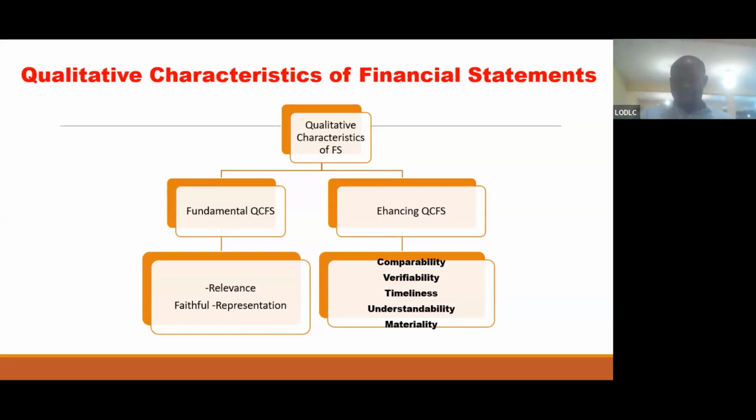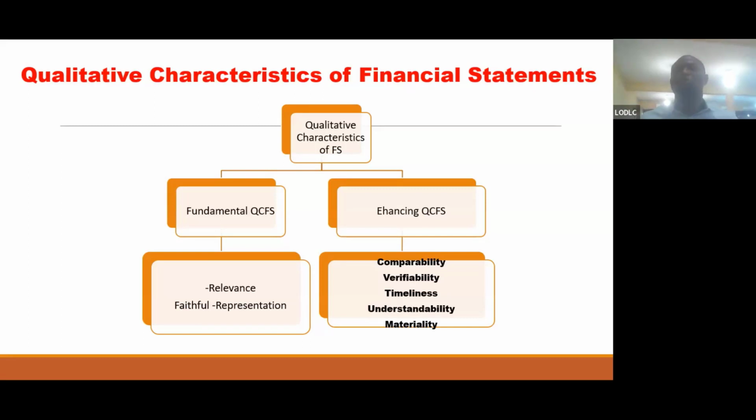If there's a progress, you know, because from their results, this is profit for the year in 2021, and this is profit for the year in 2022. So you should be able to compare, oh, this particular organization is making progress. Do you understand? So you look at their assets, look at their liabilities and some other things. So we'll be able to compare the progress of that particular organization.